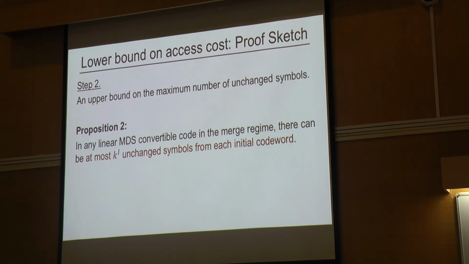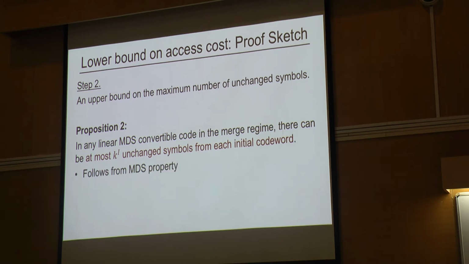Okay, so the second step is we provide an upper bound on the maximum number of unchanged symbols. That is the number of symbols that can remain unchanged from the initial code words to the final code words. And here is the main result. In any linear MDS convertible code in the merged regime, we can have at most KI unchanged symbols from each of the initial code words. This follows from the MDS property.